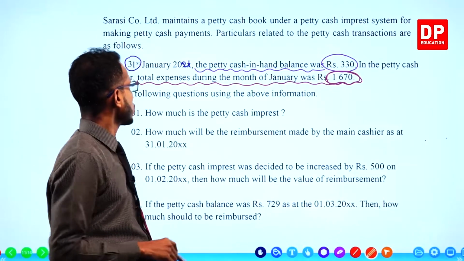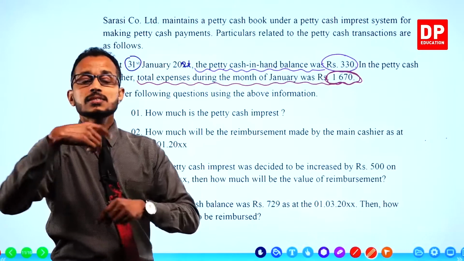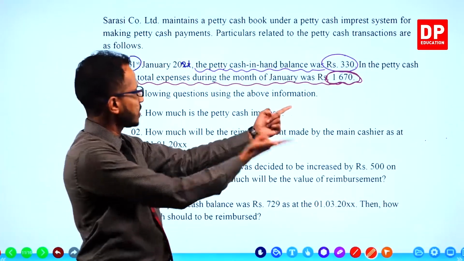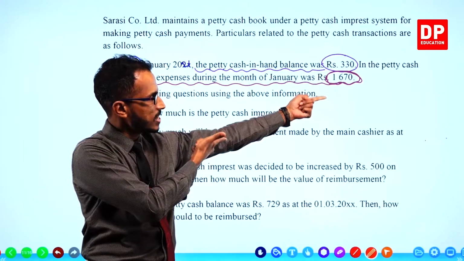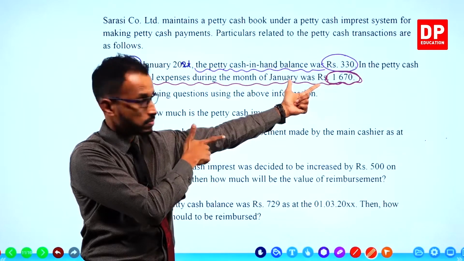All right. Total petty cash expenses spent during the month is this much, 1,670. Okay. Right.